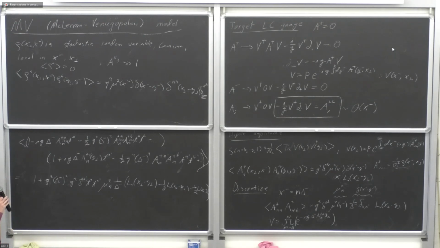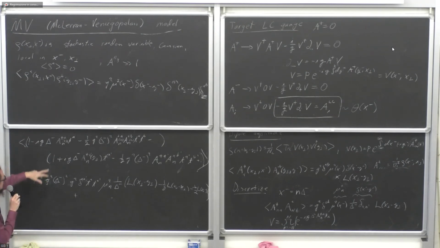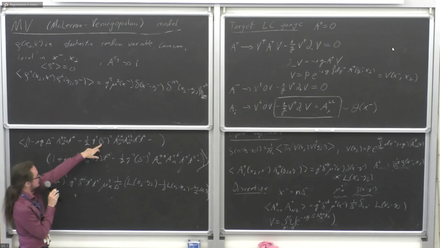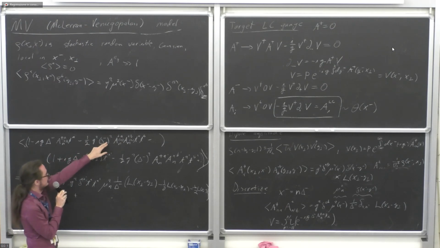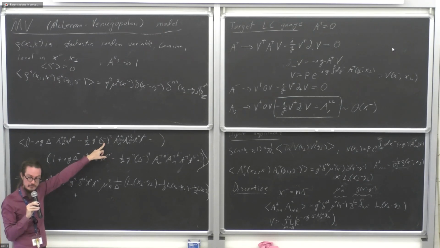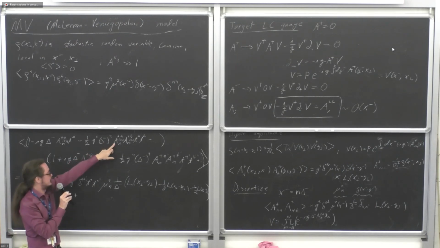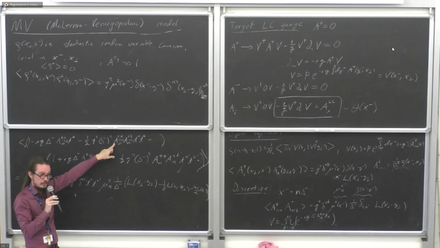Now, there are higher orders in delta minus. Every time I expand more, I get one full power of delta minus, which is infinitesimally small. Together with the delta minus, I also get a power of A plus.